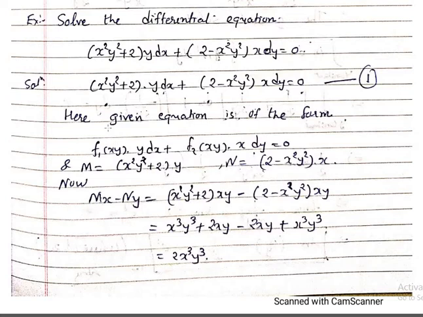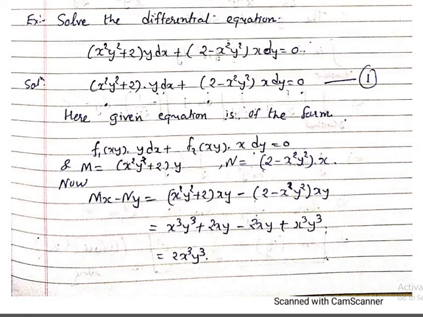Here the given equation is of the form f1(xy) into y dx plus f2(xy) into x dy equal to 0, because this is (xy) the whole square plus 2, and this is 2 minus (xy) the whole square.